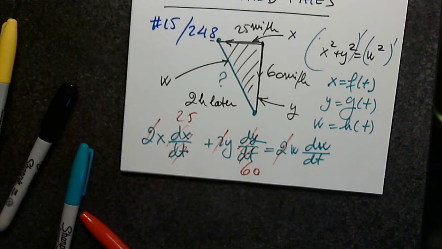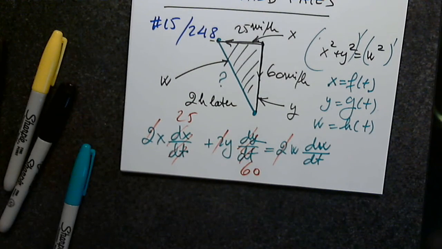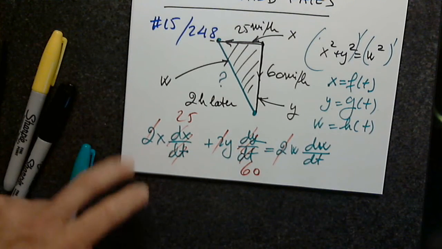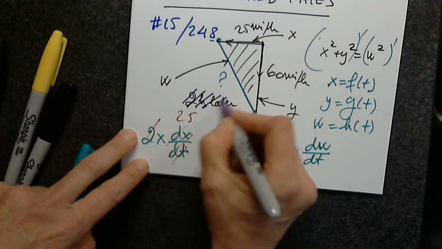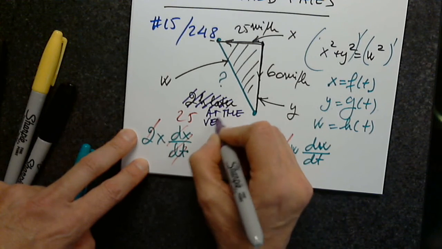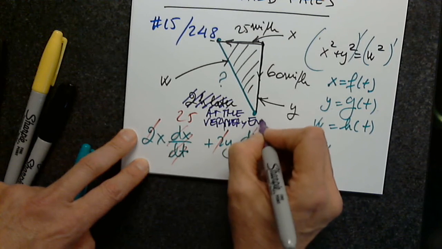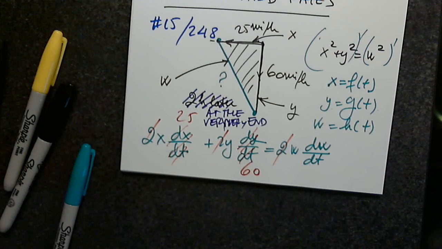Remember one thing, and I'm going to hopefully trigger your memory moving forward. This is at the very, very end of the problem. You cannot make use of it till you have what to plug in? The derivative.